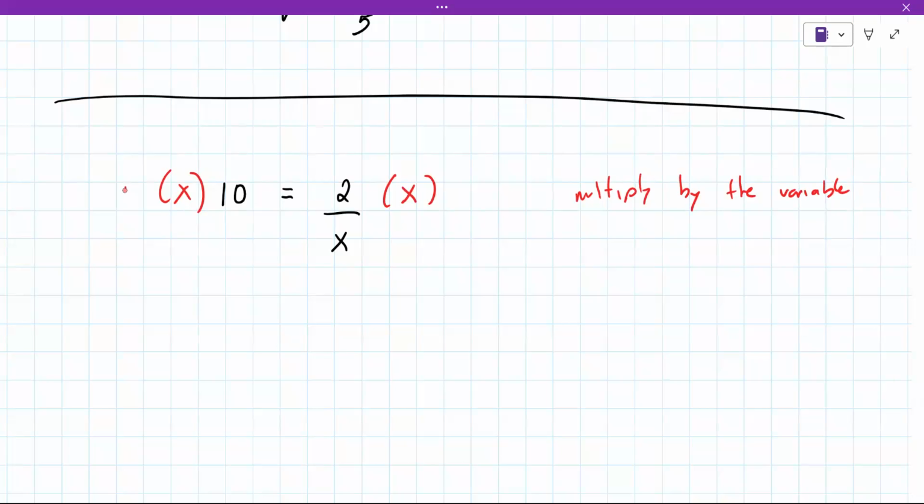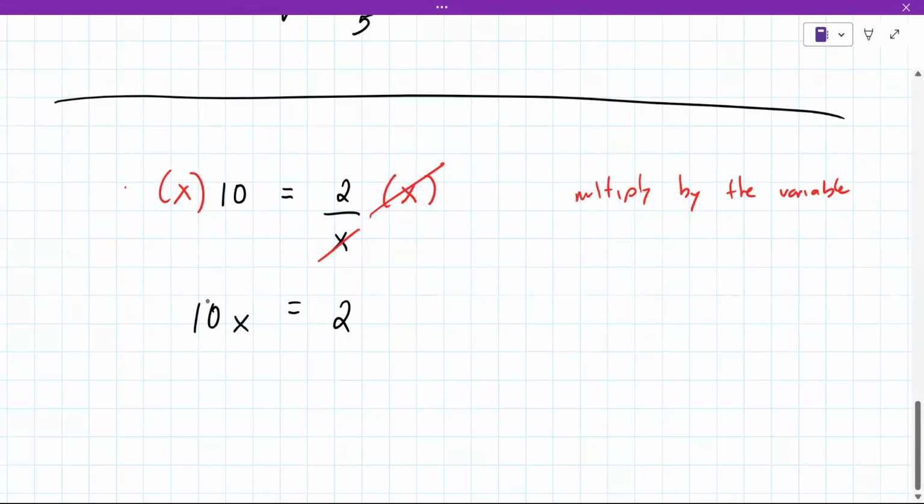Yes, x. So to get the variable out of the bottom, multiply by the variable. So on the left, it becomes 10x equals 2.